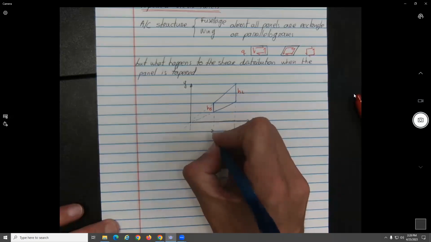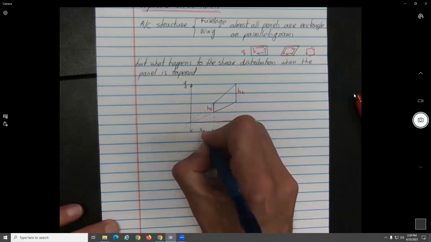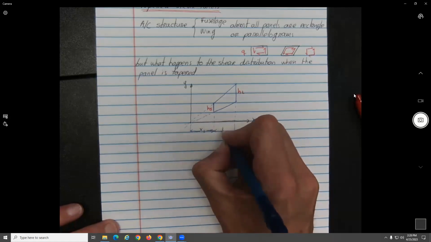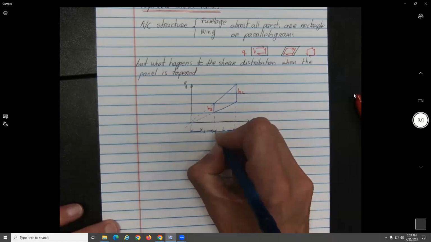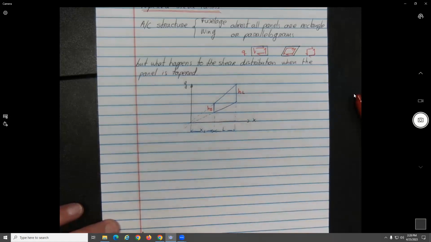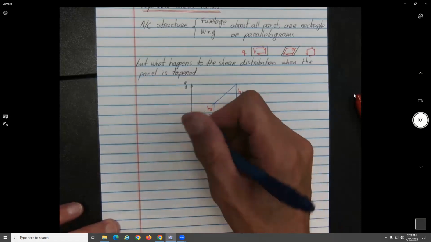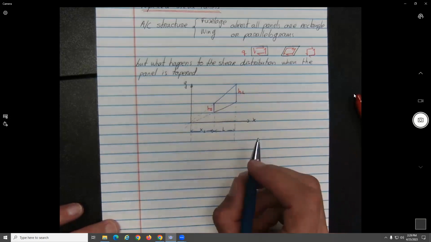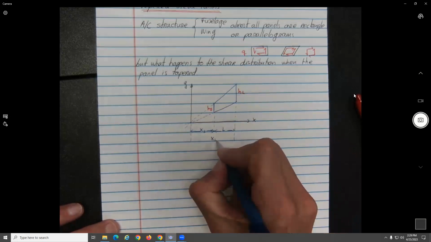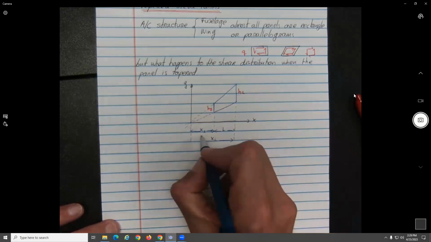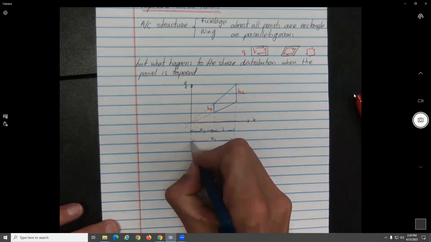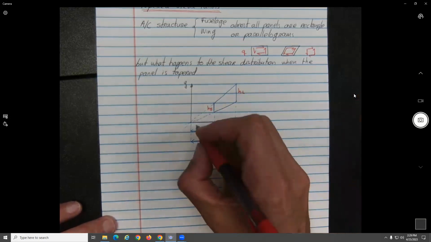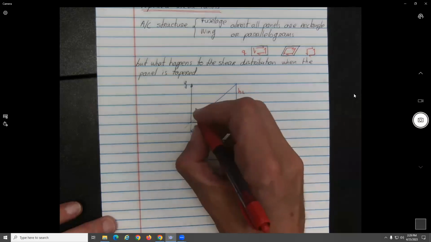Okay, that distance here will be X sub S for X sub short. This will be the length of the panel in the X direction. And this, everything here will be the X long. I'm going to define two angles.